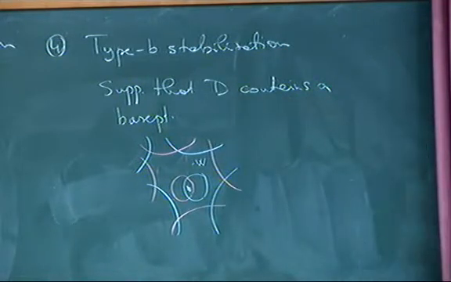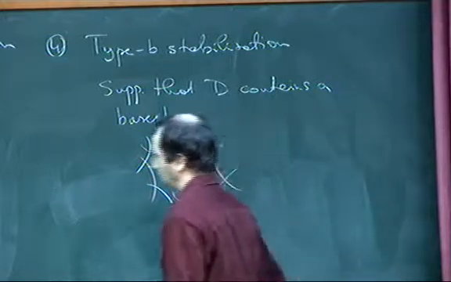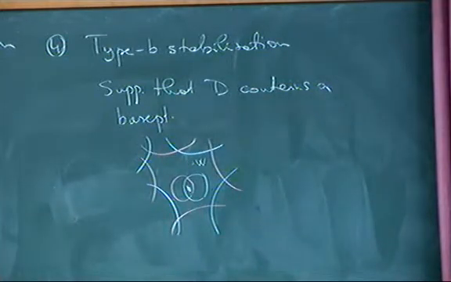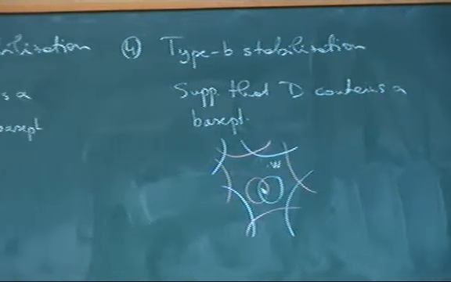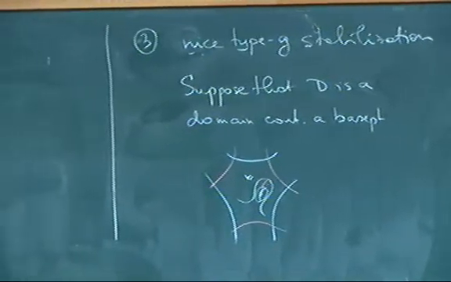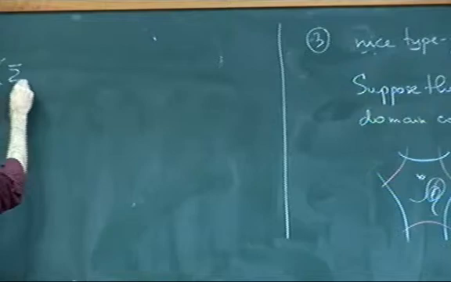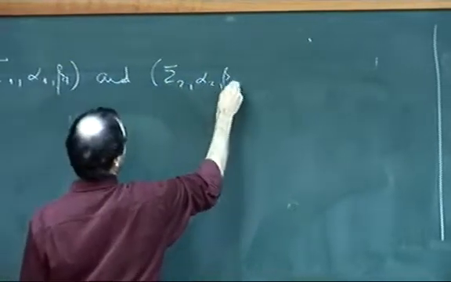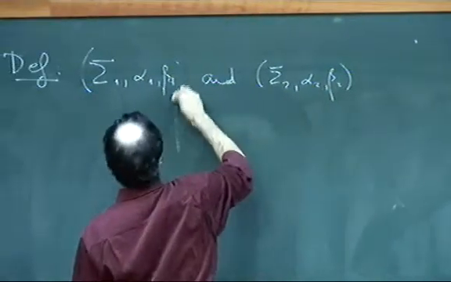Okay, so here are 4 moves. And so here's the theorem which we would like to prove. Well, a definition first. So suppose sigma 1, alpha 1, beta 1, and sigma 2, alpha 2, beta 2, well, there are the W's.